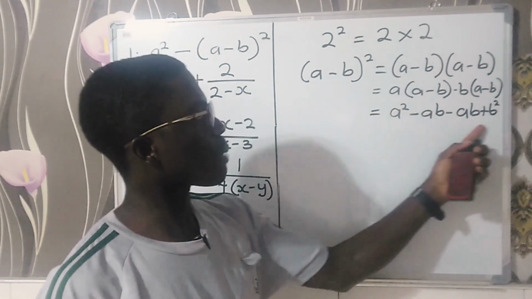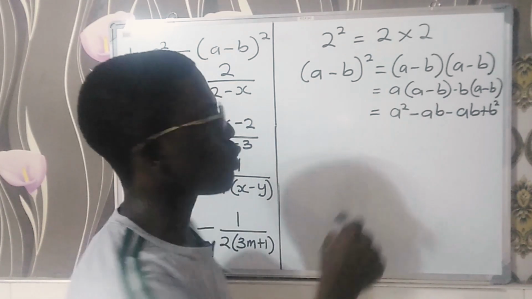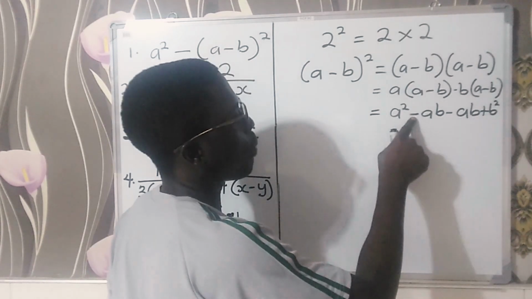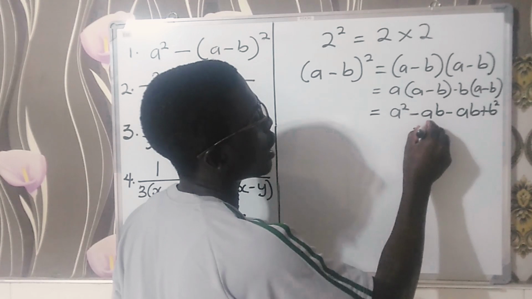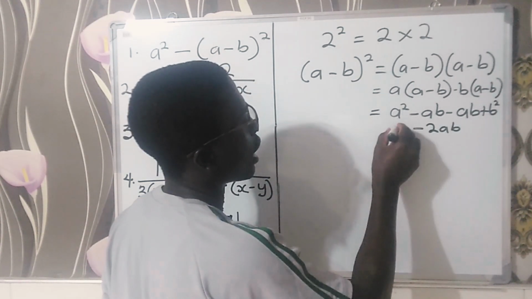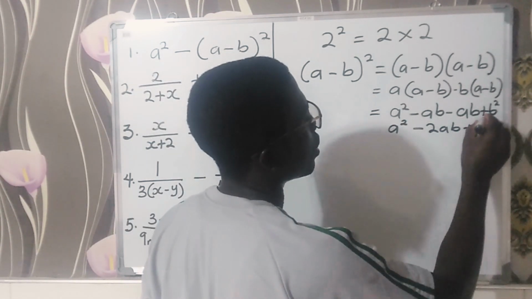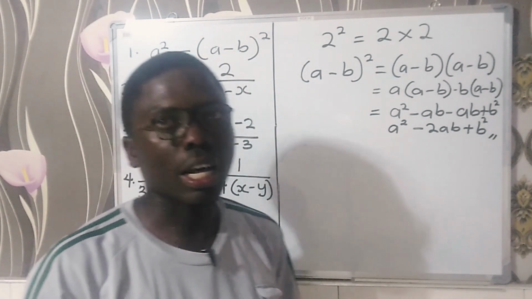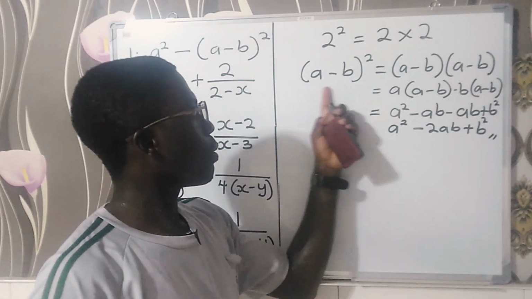Now after expanding it, we can add or subtract like terms. So you could see ab is in like term with what? ab. Now minus ab plus minus ab will be minus 2ab. And then we have our a square here, and then we have our plus b square. And this is our final answer by expanding this particular bracket.